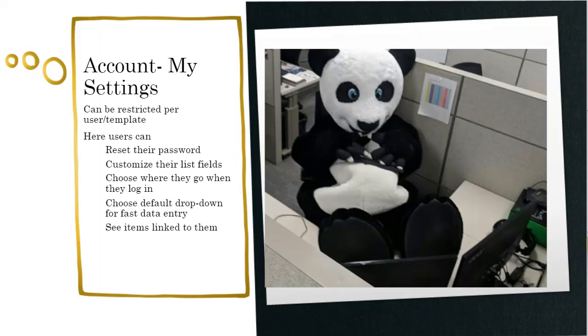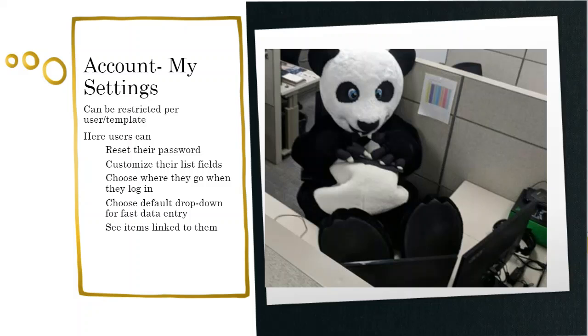Diving deeper into account and my settings, you're going to be able to do a lot of different things here, like reset the password and customize list fields. They've actually got a new feature now where you can do custom list fields based on the user template or user permission. So if one person wants to see certain columns of information when they first log into the system, you can cater it that way, and another person can have a totally different view.